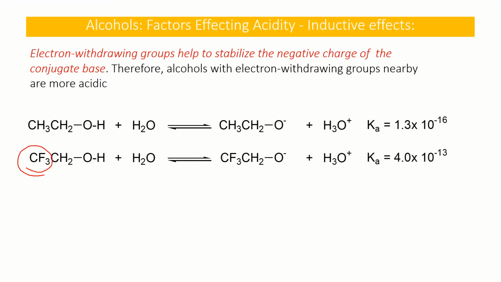The reason for the stronger acidity of trifluoroethanol is that the fluorine has tremendous electron withdrawing ability, and so it stabilizes the alkoxide. If you stabilize the alkoxide, stabilize the negative charge, then that relates to a stronger acid. Hence, you can see the difference in those values.